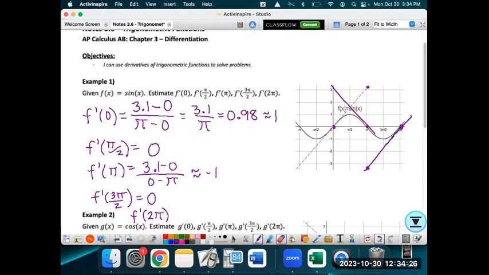That looks like it's about the same calculation as what we had at 0. So I'm going to say that that's going to be approximately +1.